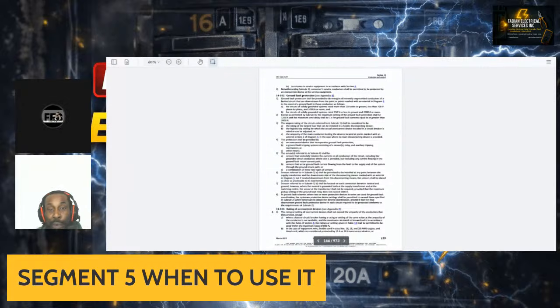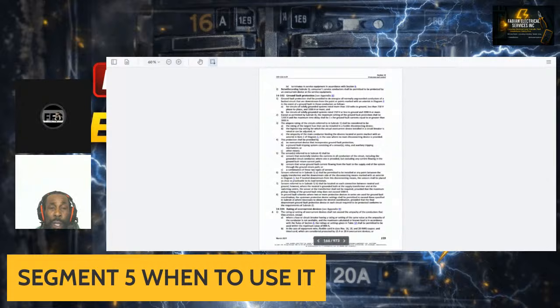The ampere rating of the circuit referred to in Subrule 1 shall be considered to be, A, the rating of the largest fuse that can be installed in a fusible disconnect device; B, the highest trip setting for which the actual overcurrent device installed in a circuit breaker is rated or can be adjusted; or C, the ampacity of the main conductor feeding the device located at points marked with an asterisk in item 2 of diagram 3 in the case where no main disconnecting device is provided.